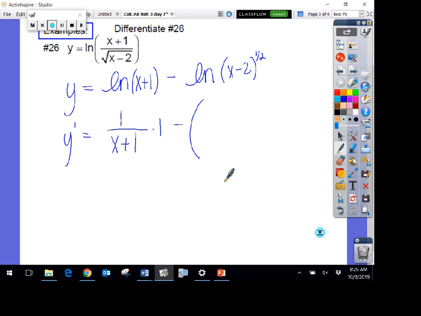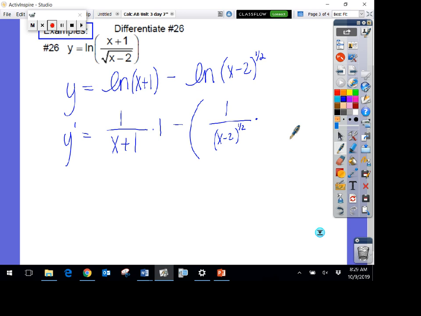All right, so the natural log of something is 1 over x minus 2 to the 1/2, or the square root of x minus 2, whichever one makes more sense to you. And even if you mix it up in the problem, sometimes write the square root, sometimes write the 1/2, that doesn't matter, because at the end, you just have to know that they're the same when we start evaluating or cleaning it up. Times the derivative of this right here.